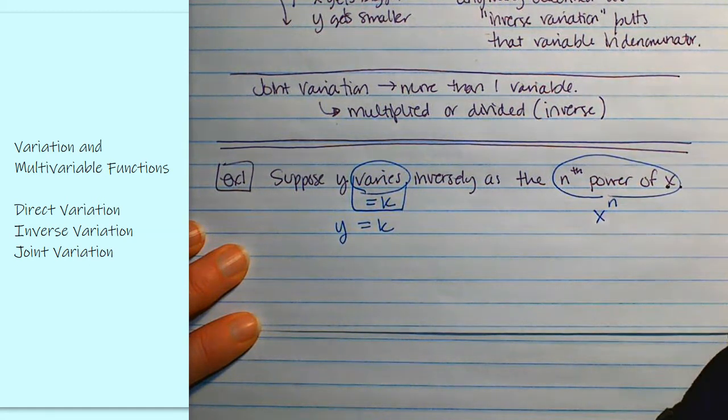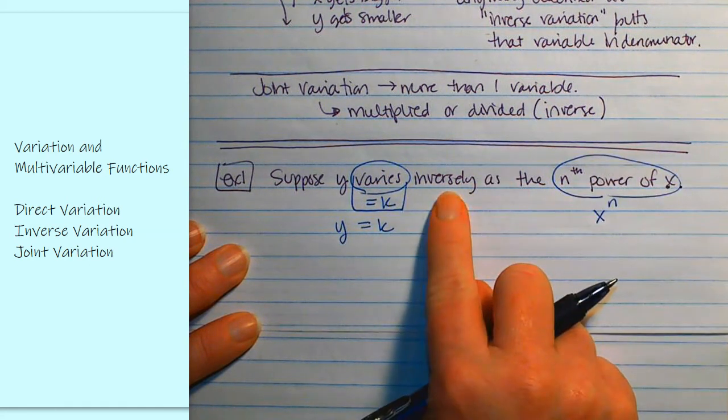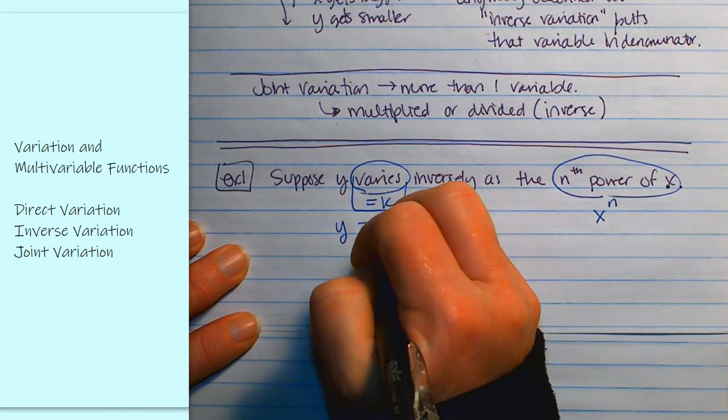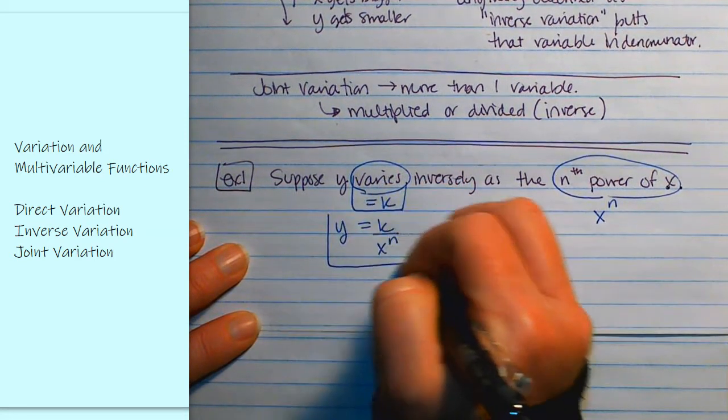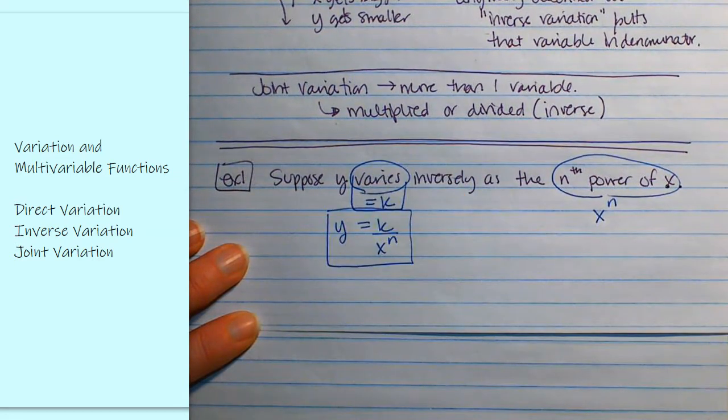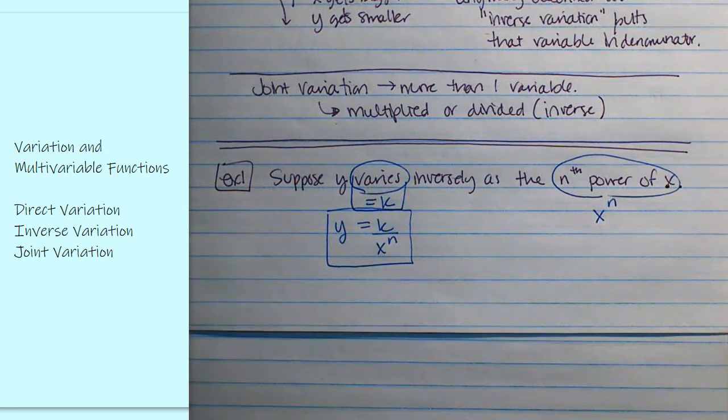So that's like an exponent. Inversely, I said before, means that it's going to go in the denominator. So we're just going to say k over x to the n. So we have rewritten that mathematical statement into an equation for our first example. We haven't solved anything, we're just setting it up to show you how to do that.